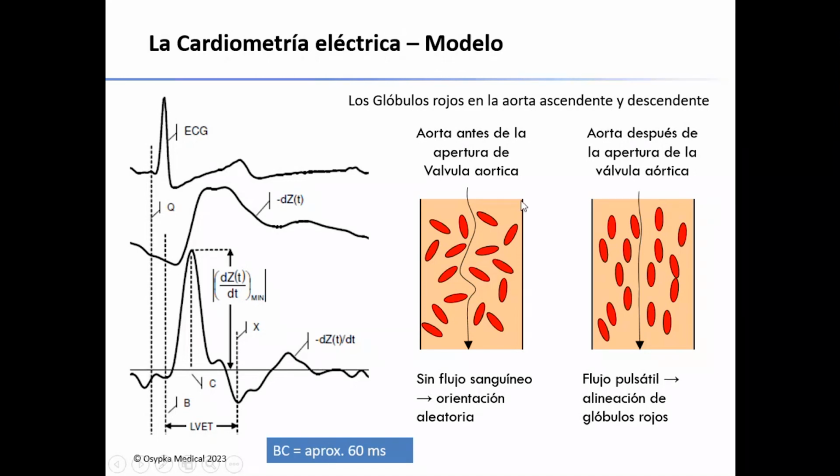Well, the steeper the slope here, and you see the slope beat to beat, no matter if it's an adult, a child, or neonate, the steeper the slope, the faster the alignment of red blood cells. That means the higher the contractility of the heart. So basically, measuring this slope here, which equates to this peak of the waveform, is a measure of the contractility of electrocardiometry.